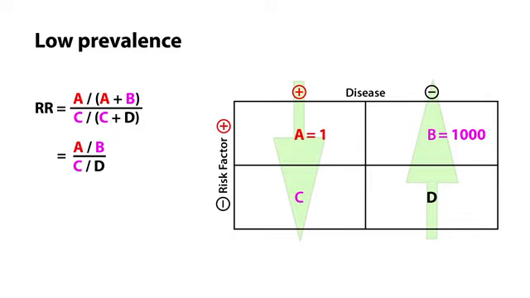It's the same thing, A over B divided by C over D. So if you have the equation for a relative risk memorized, and you know the odds ratio approximates relative risk when the prevalence is low, then you'll know the equation for the odds ratio.